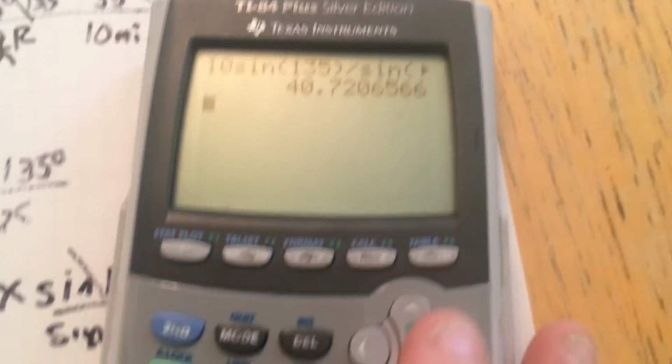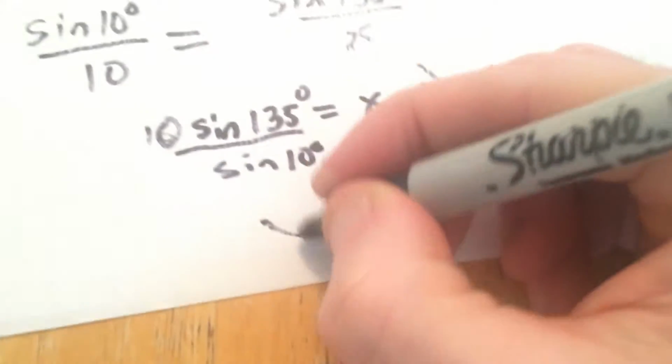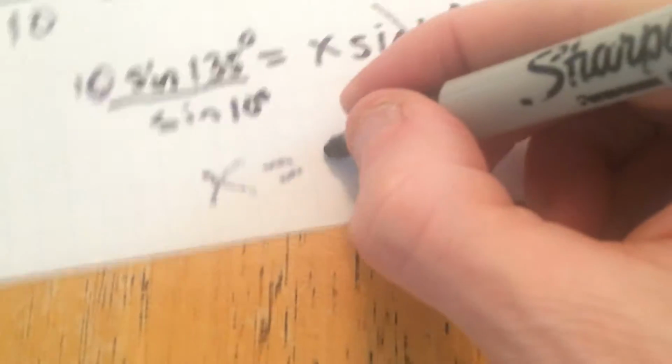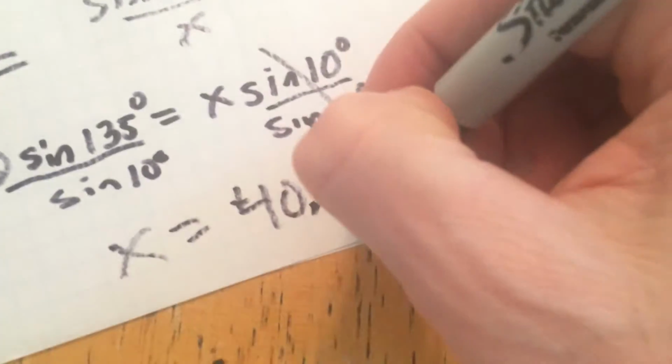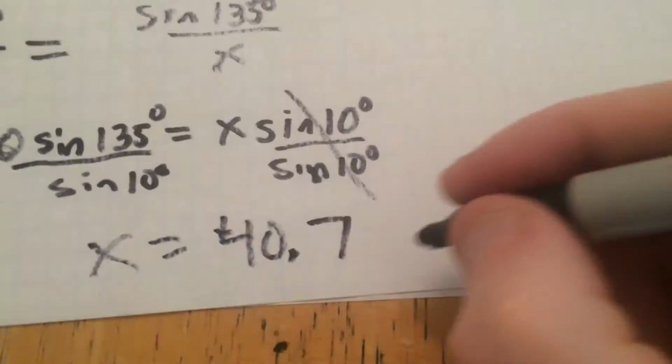Okay, therefore, x is approximately 40.7. And since our units are miles, we know that Juan is 40.7 miles away.